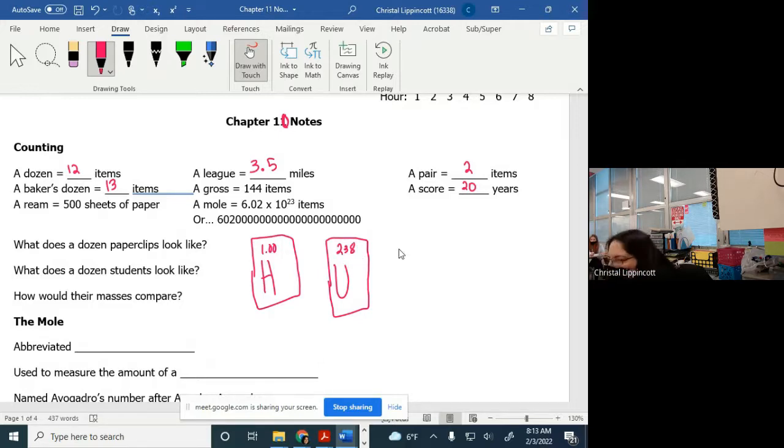If you have a mole of carbon, it's going to be 12 grams. It just depends on what you're looking at, just like a dozen paper clips is going to look very different than a dozen students. Their masses are going to be different. It's just a counting unit. But if we had a sample of each of these, they'd still have that many atoms in each of them.